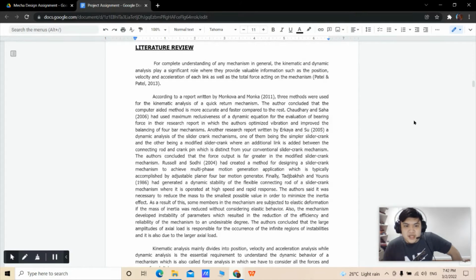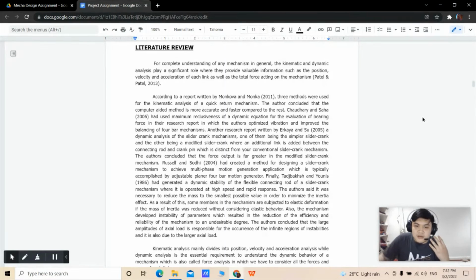Chowdhury and Saha, back in 2006, had used maximal recursiveness of a dynamic equation for the evaluation of bearing force in their research report, in which the authors optimized vibration and improved the balancing of four-bar mechanisms.